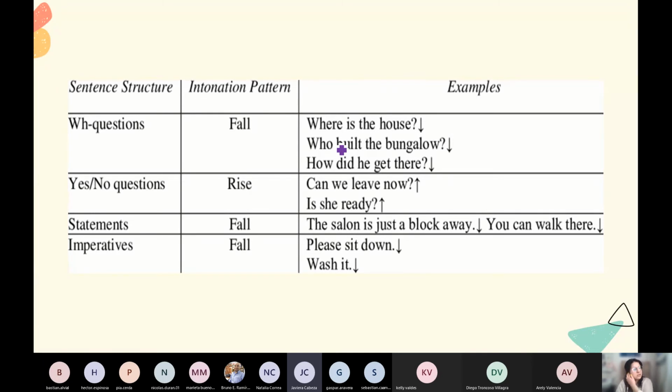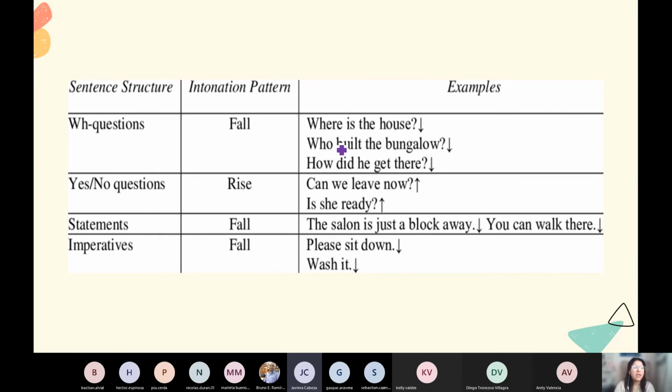And also for imperatives or commands, we have a full intonation pattern, like: please sit down, wash it, open the door, close the door, or close the window, whatever. For imperatives we also use the full intonation pattern. What time is it?